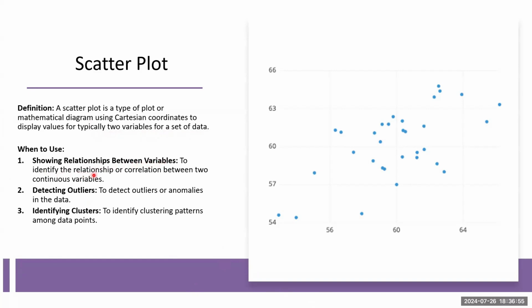So to identify the relationship or correlation between two continuous variables, okay? Detecting outliers. If you want to detect outliers or anomalies in data, okay, then you can plot the data points all over.